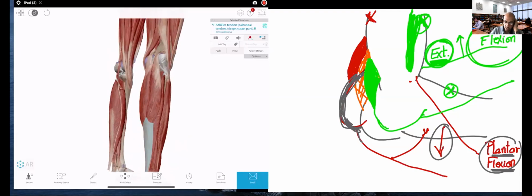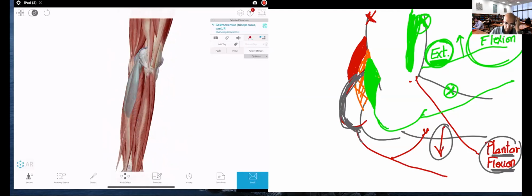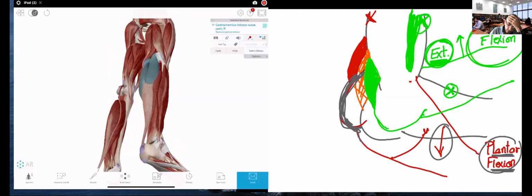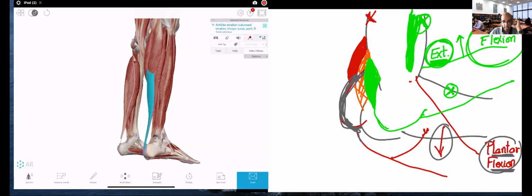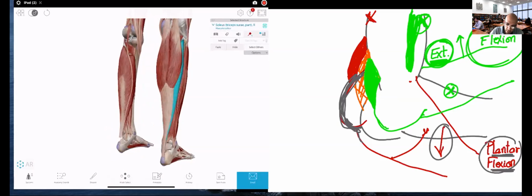If you notice on here, gastrocnemius gets inserted in my calcaneus by a famous tendon. This is the Achilles tendon or the calcaneal tendon. The calcaneal tendon is also going to be serving as the tendon of a deeper muscle, a muscle located deeper to my gastrocnemius.